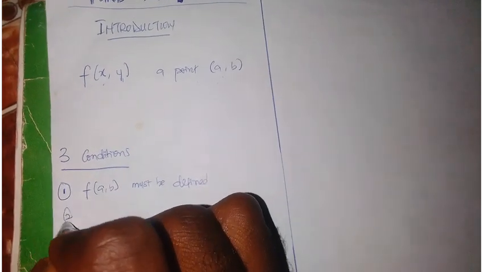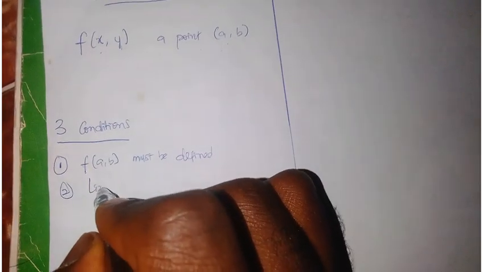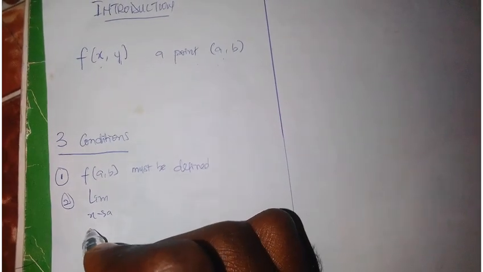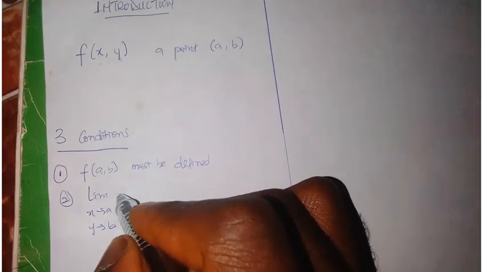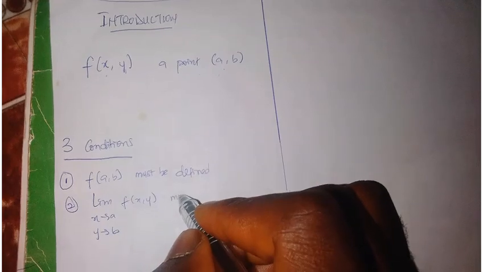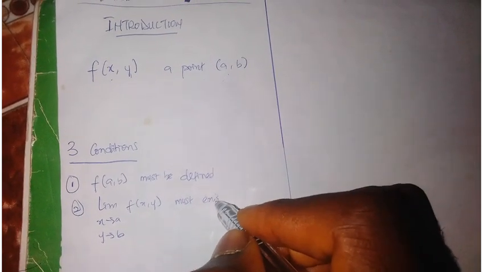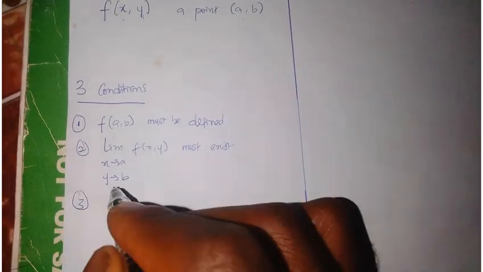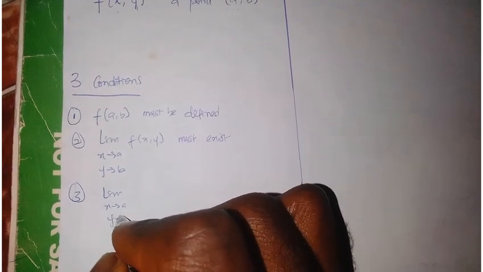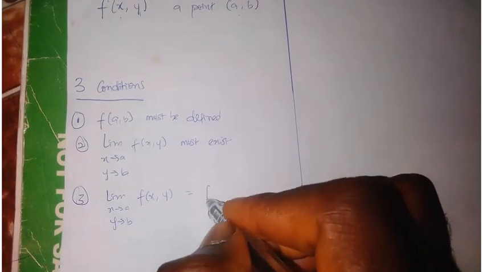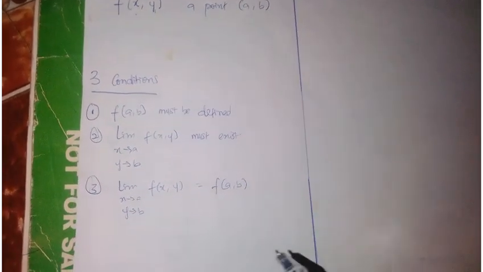The second condition is that the limit as x tends to a and y tends to b of f of x, y must exist. And the third condition is that the limit as x tends to a and y tends to b of f of x, y must be equal to f of a, b.